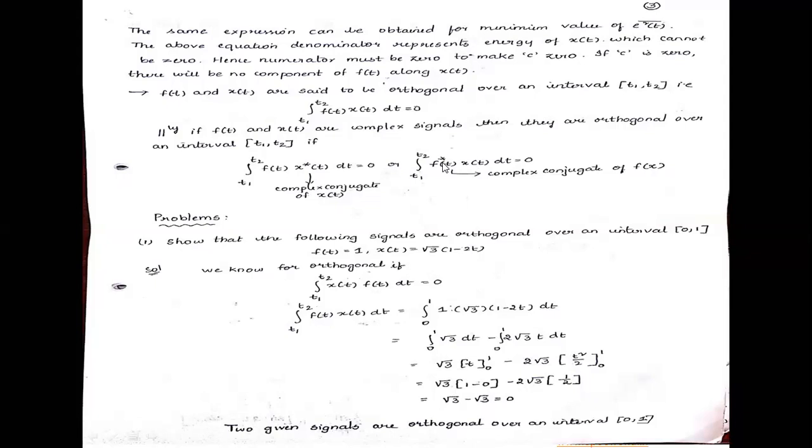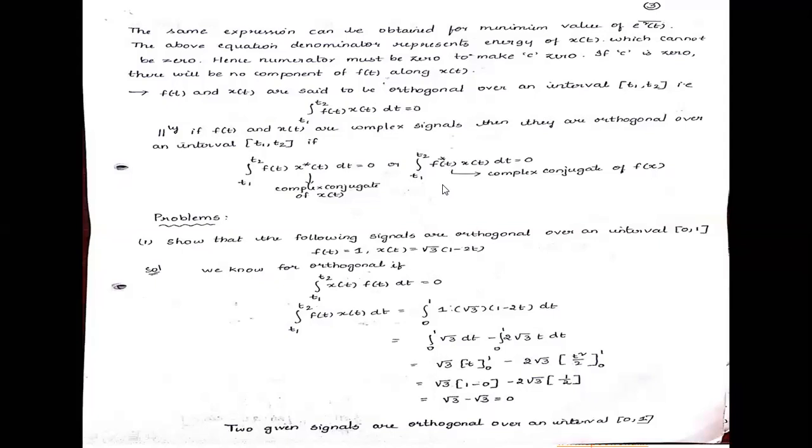Here I am taking f star of t. Of the two signals, f of t or x of t, one time I take x star, the complex conjugate of x of t, and another time I take f star of t. So both are the same. What equation do we get?